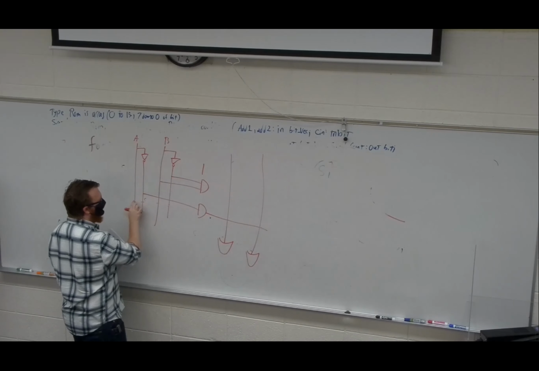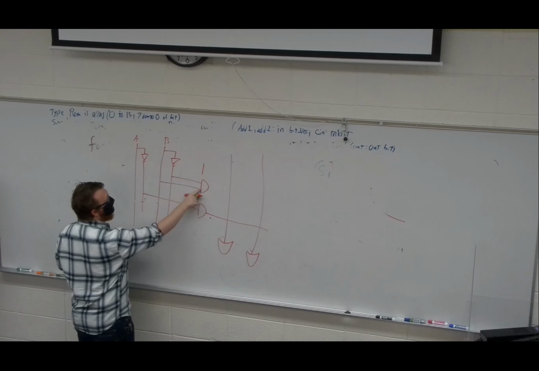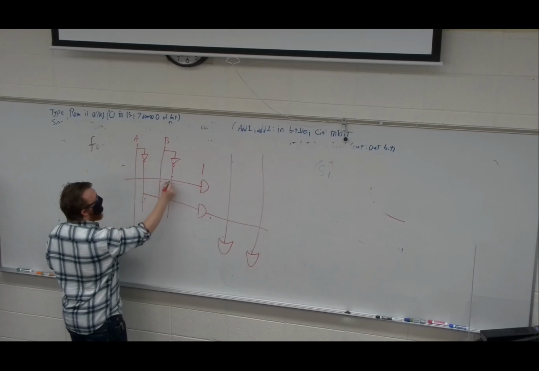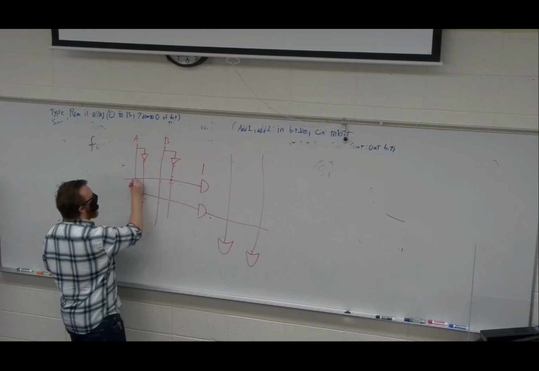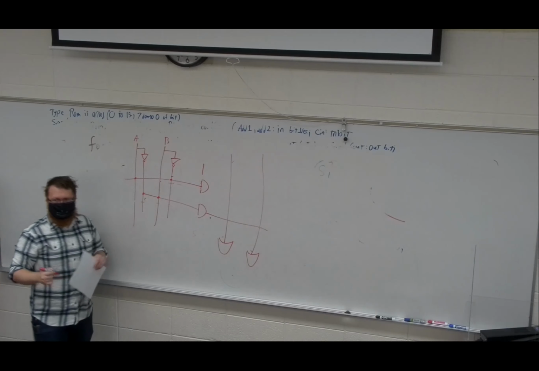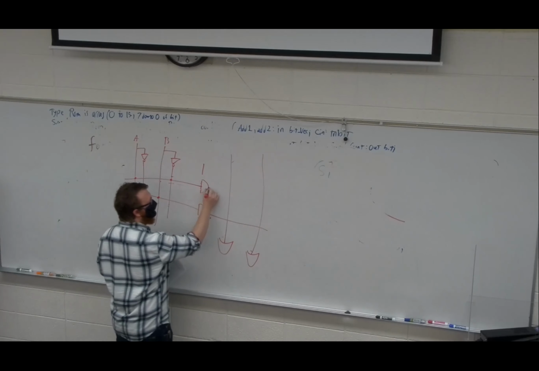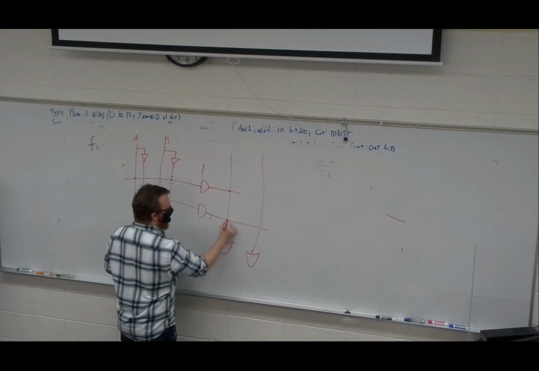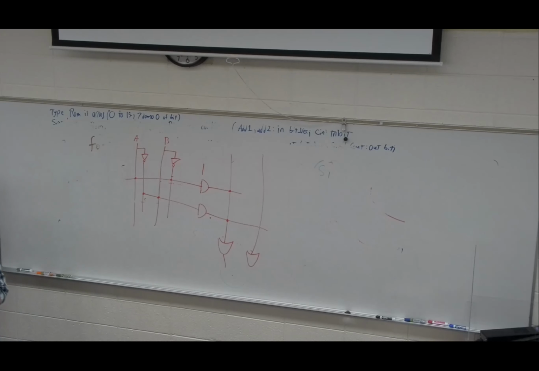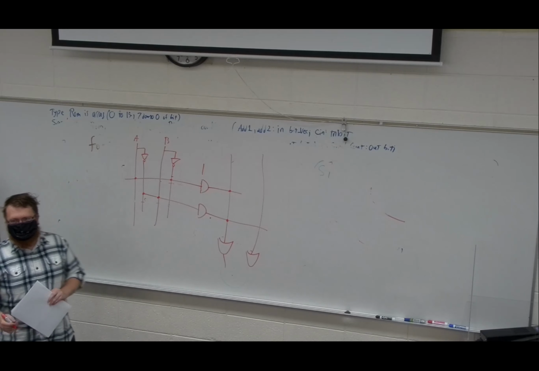Let's do it one way, where I color a bubble. And then ask you, so it could be this way and ask you what function is implemented here. Or it could give you a function, say, to implement in PLA or PAL logic. And I might ask you, what's the difference between a PAL and a PLA?